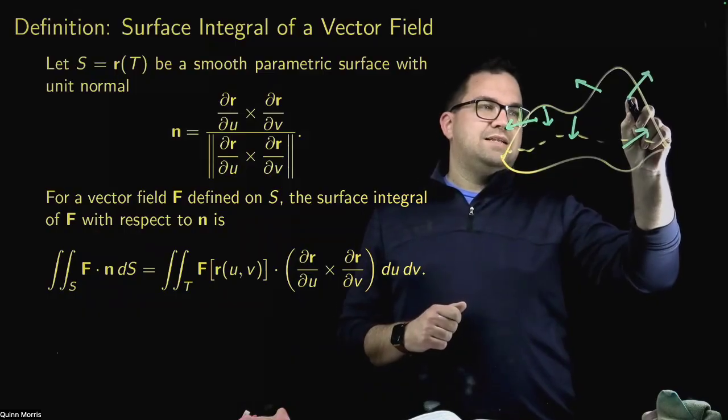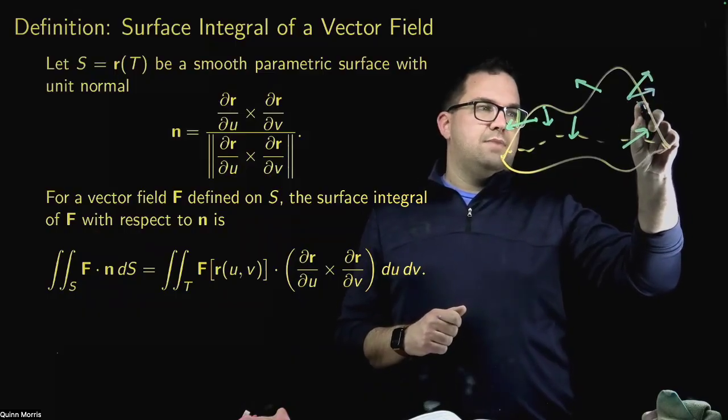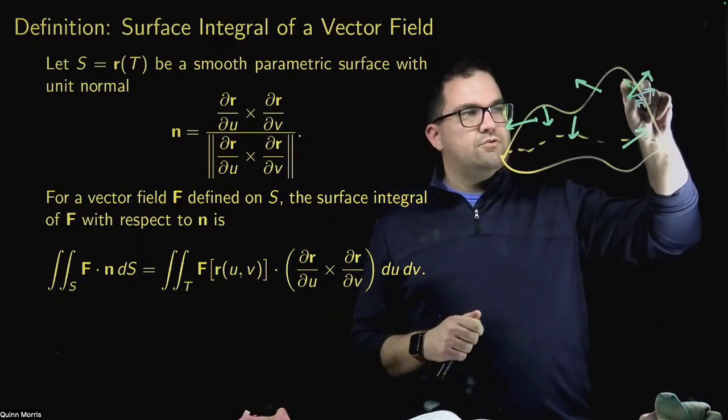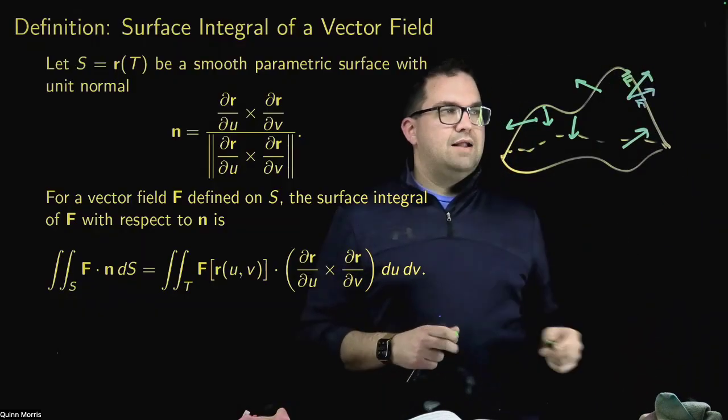So what I do is I take some normal vector. Let's say this is my normal vector to my surface here, and this is my vector field defined at that point.